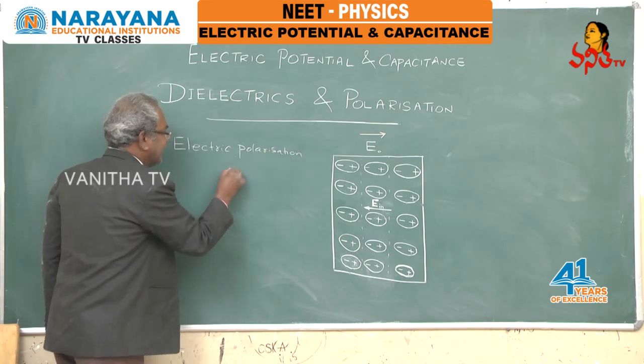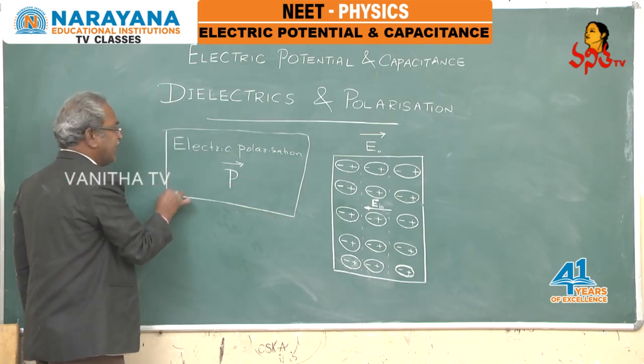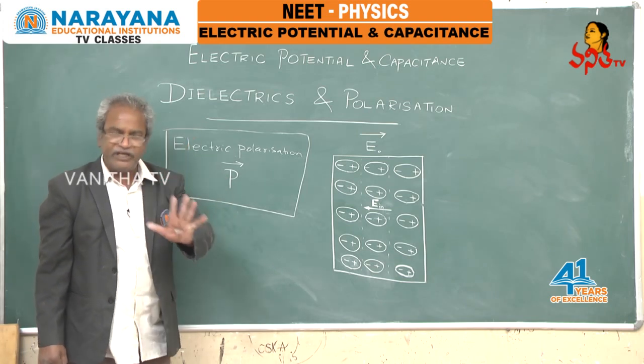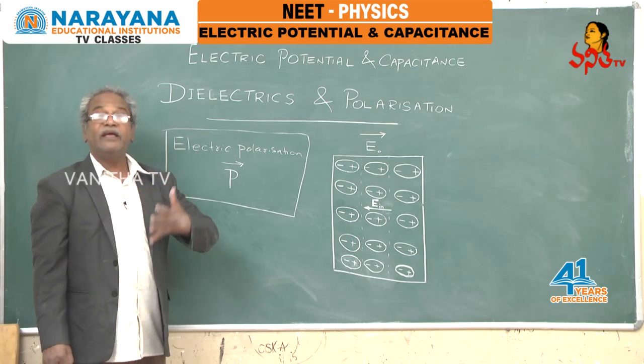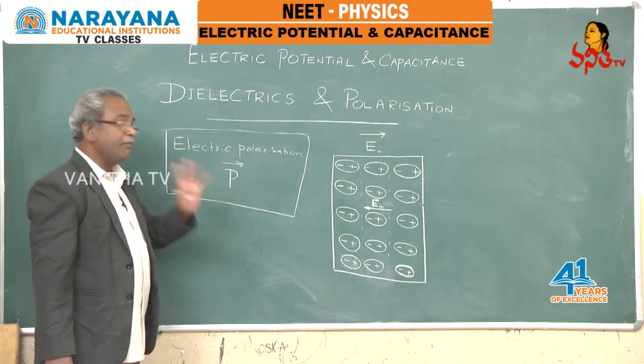And that is represented here as a capital P bar. Electric polarization is a physical quantity: the net electric dipole moment induced inside a material by placing it in the external electric field is electric polarization P bar.